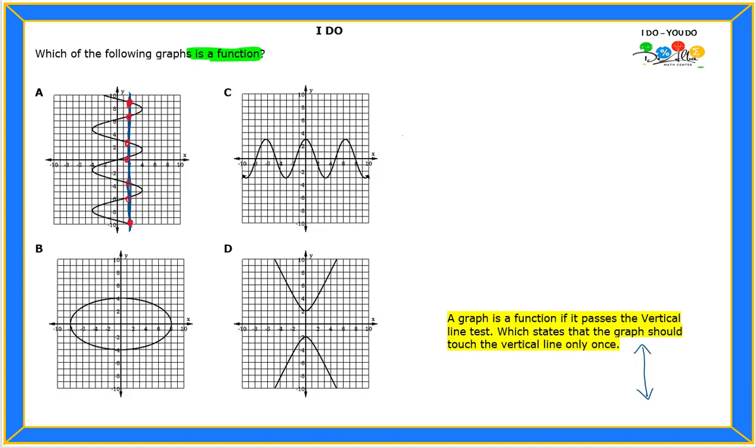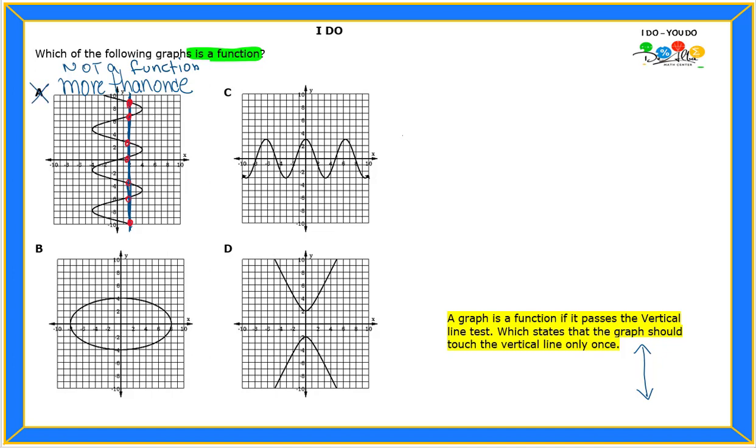Because it's not touching it once, it's touching it more than once. So I'm just going to write it like that. So if it touches more than once, what do I know about this one? Then A is not a function. Okay? This is not a function. And I'm actually looking for something that is a function. So A cannot be my answer.